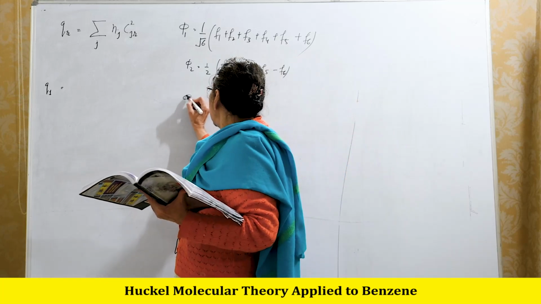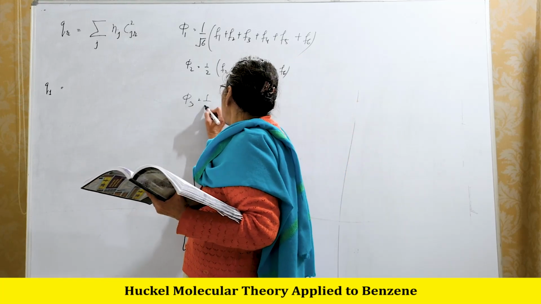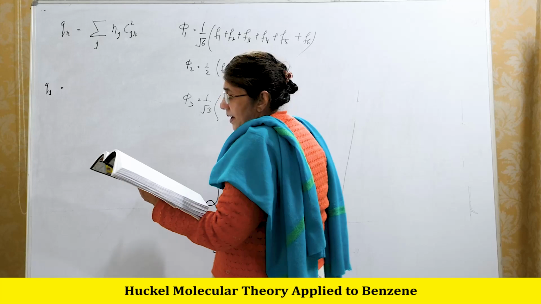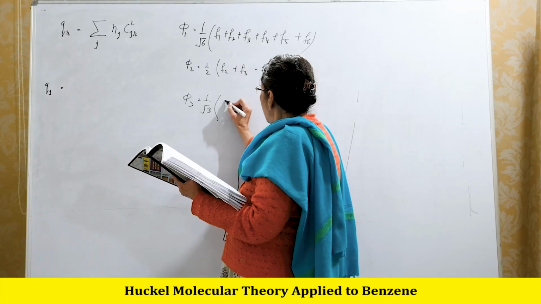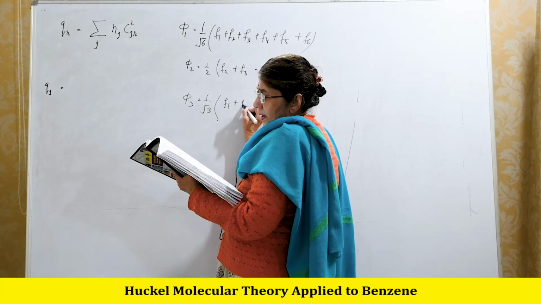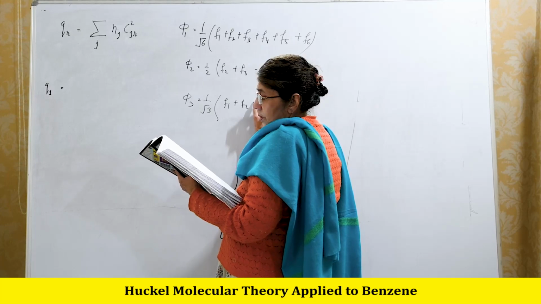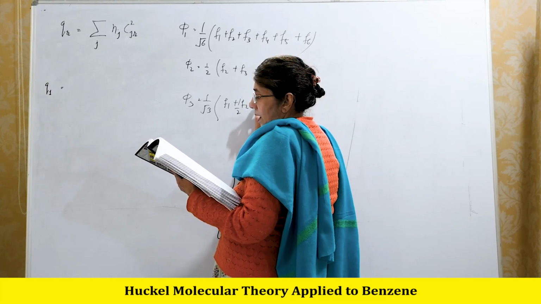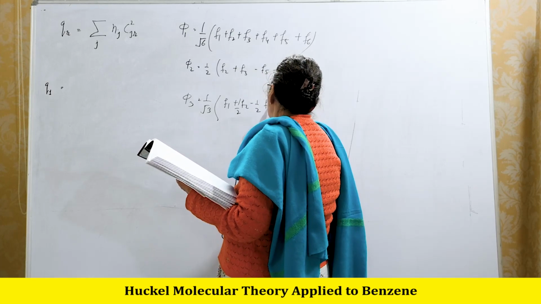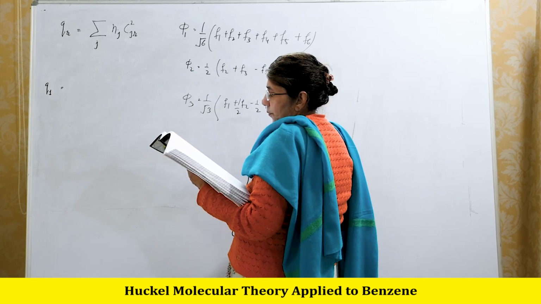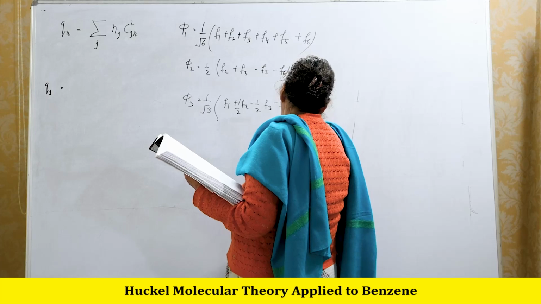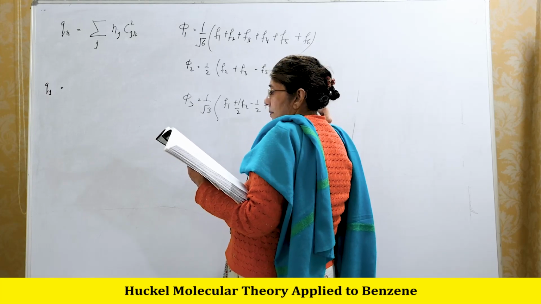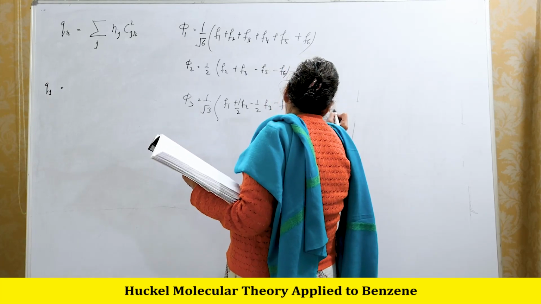And phi 3 is equal to 1 by root 3 (F1 plus half F2 minus half F3 minus F4 minus half F5 plus half F6).